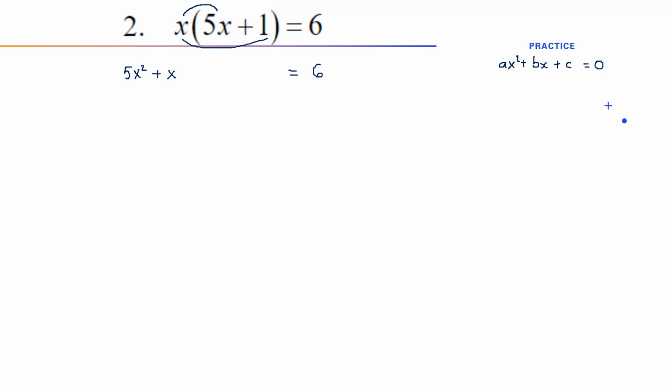So I will subtract 6 from both sides. On the right hand side now is 0. So rewrite one more time: 5x squared plus x minus 6 equals 0.